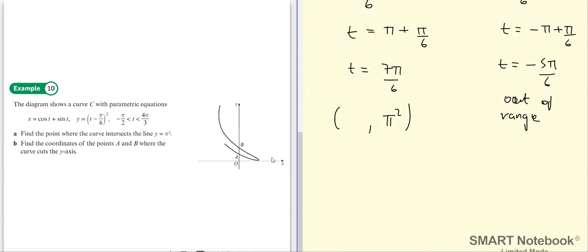By substituting 7 pi over 6 into x. So x is going to equal cos 7 pi over 6 plus sine 7 pi over 6.